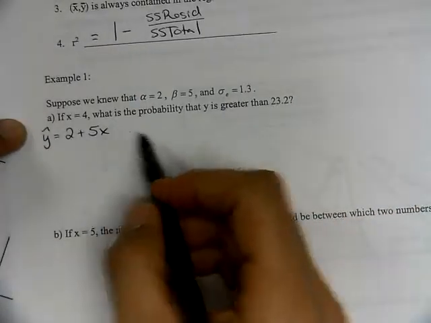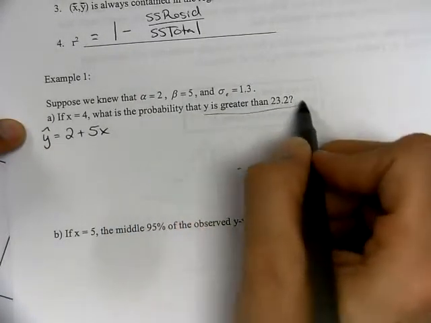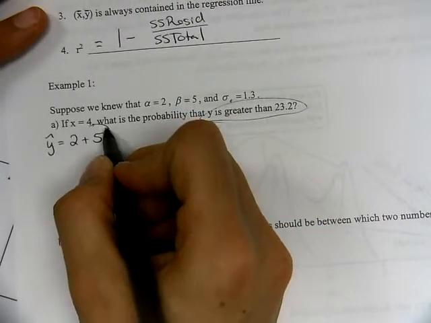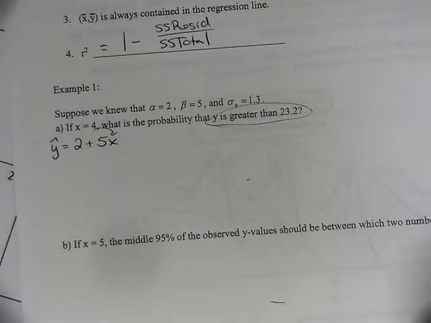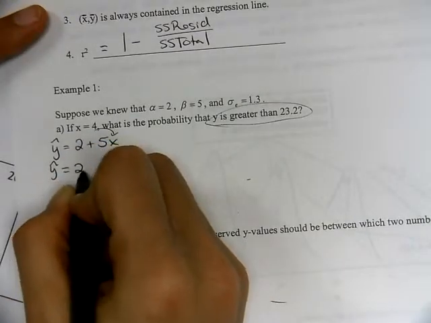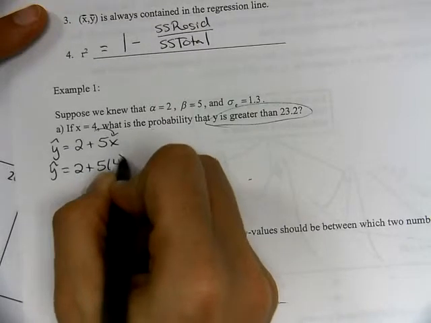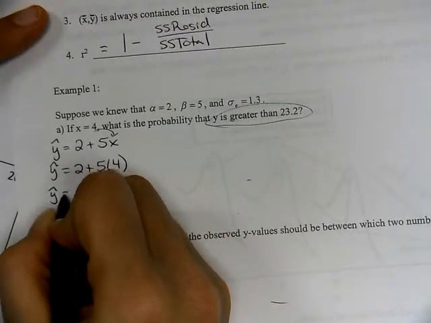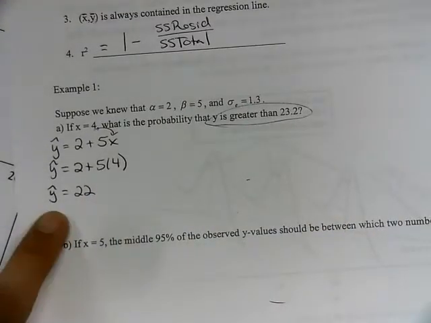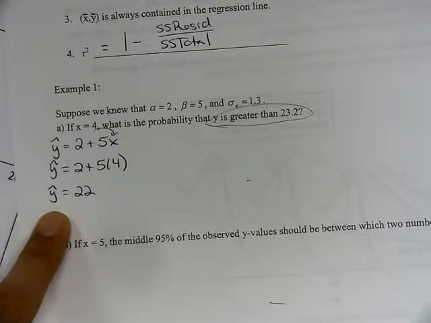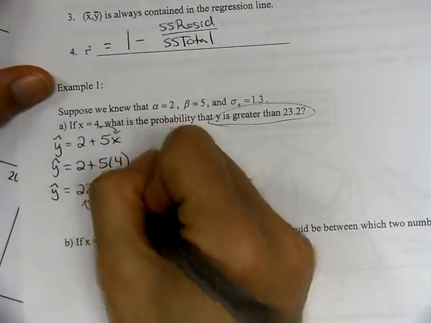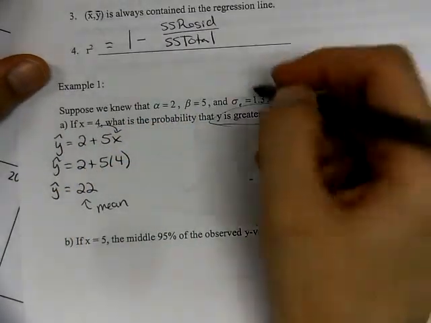If I plug in x equals 4, what's the probability y is greater than 23.2? I plug in 4 for x to find my y hat: 2 plus 5 times 4. 5 times 4 is 20, so 22. This is your mean.